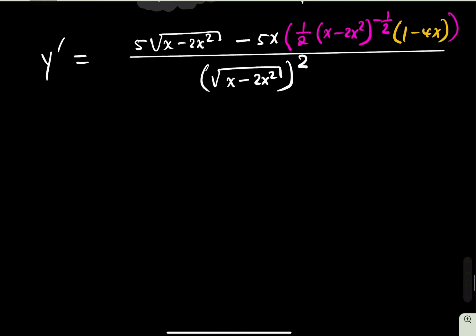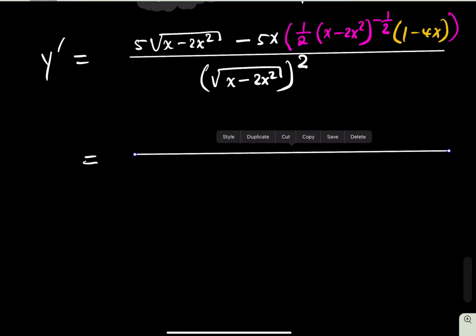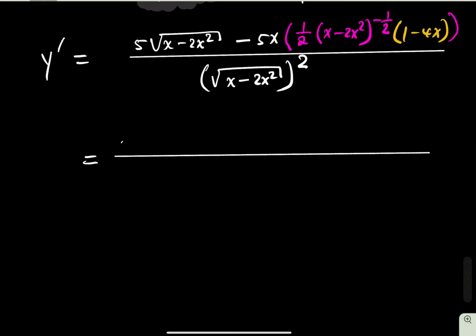And if you want to simplify this, you will see that you are going to have 5 times the square root of x minus 2x squared, and then this is really going to be minus 5x over 2 into 1 minus 4x multiplied by that stuff.